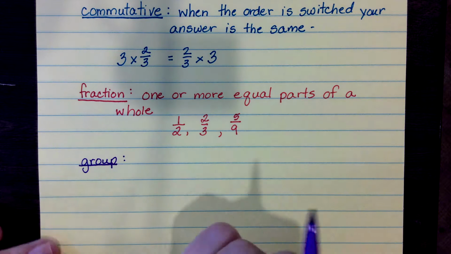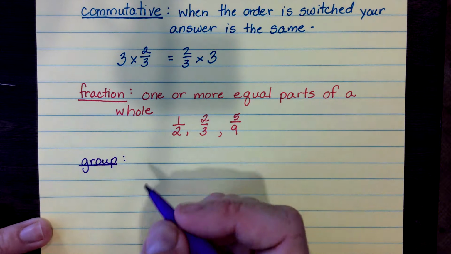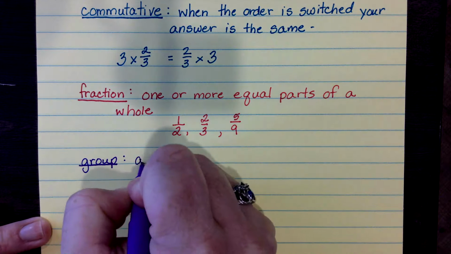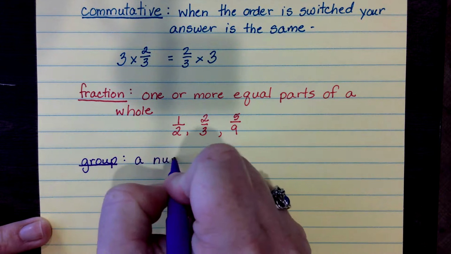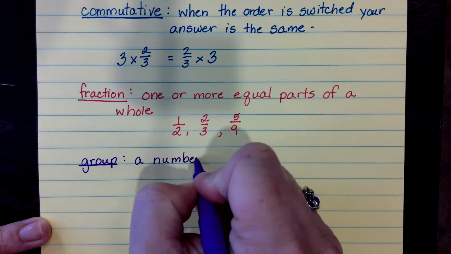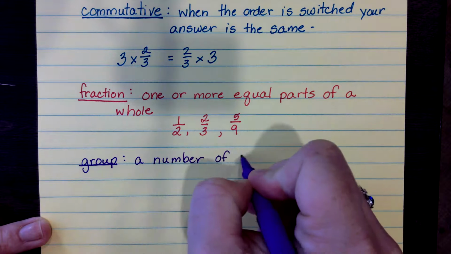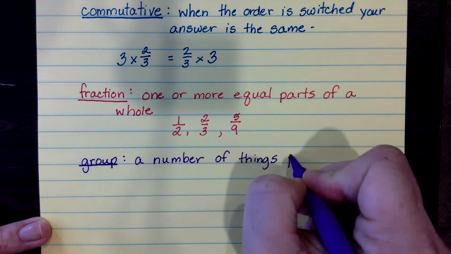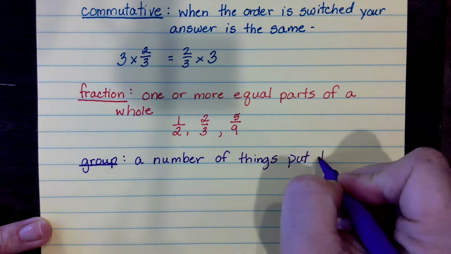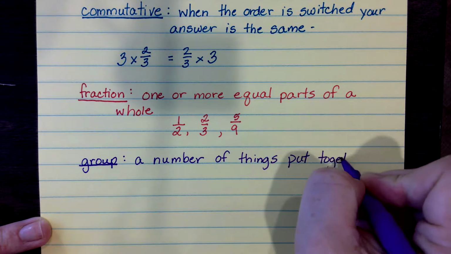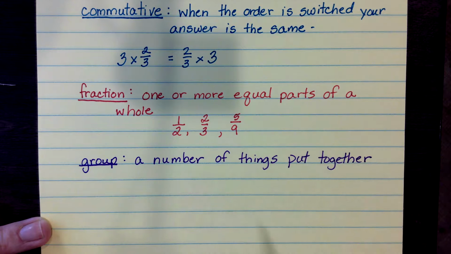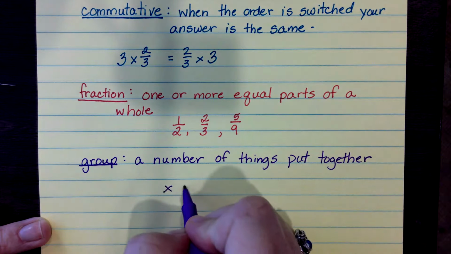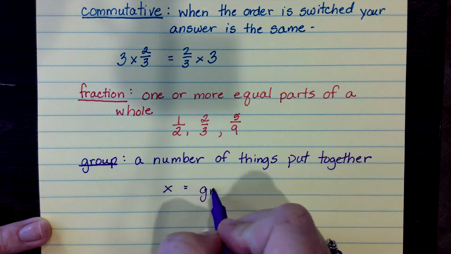And so a group is a number of things put together. So remember that the multiplication sign literally means groups of.